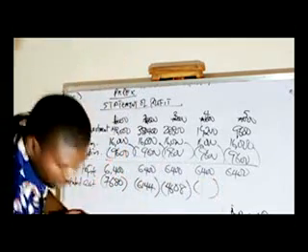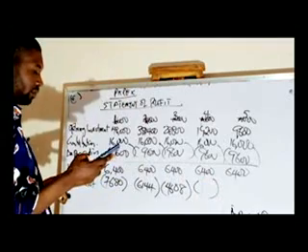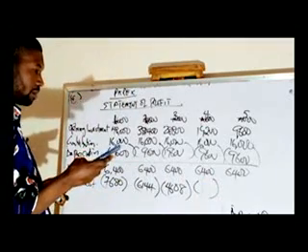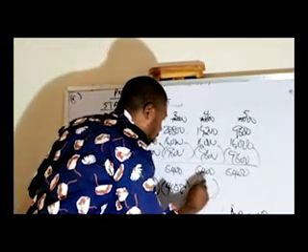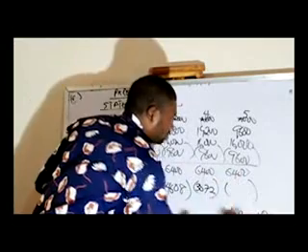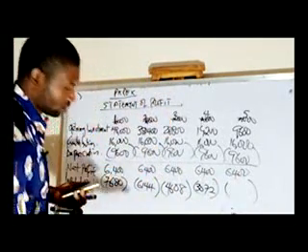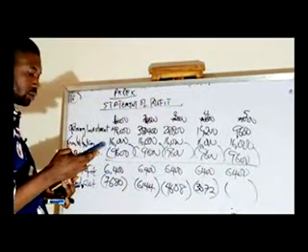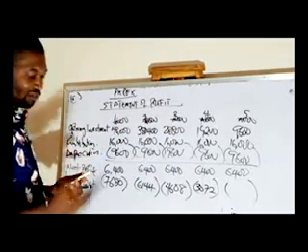Then 16% of 19,200 is 3072. 3072. Then 16% times 9,600 will give us 1536.